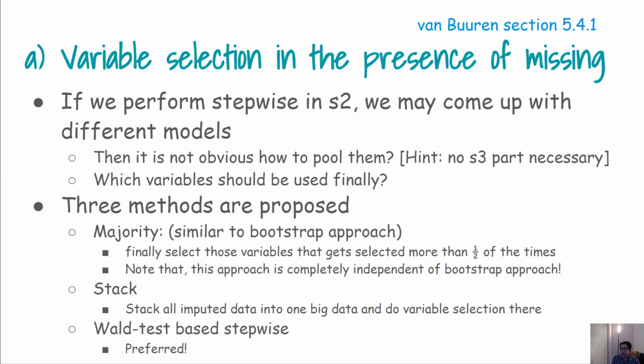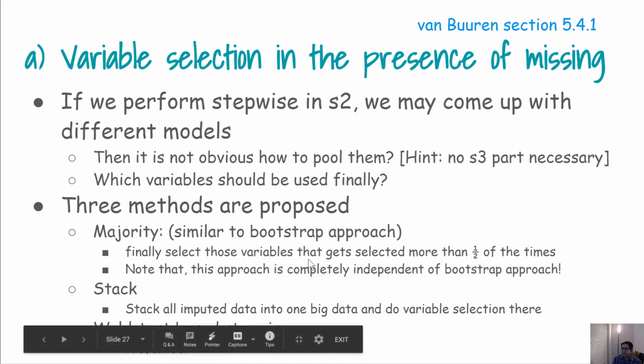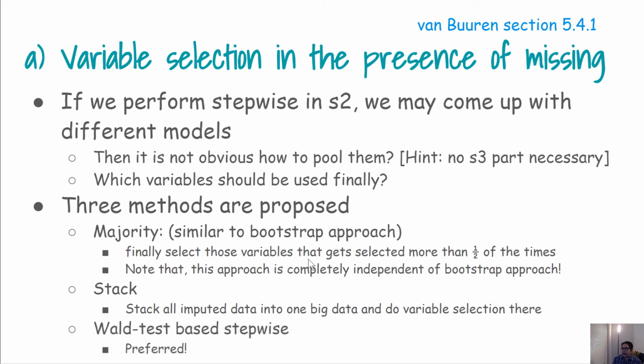So in terms of the variable selection, this multiple imputation approach can be helpful, and there are 3 different ways we can do variable selection under the missing data scenario. The first one is, say for example, when you have a very large M, that means the number of imputed data sets.